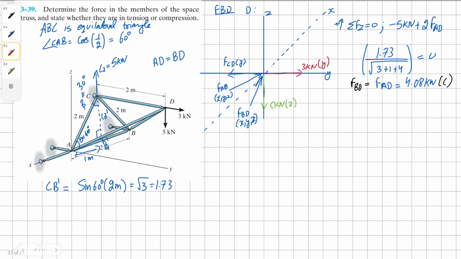Now we can sum the forces in the y direction and get our solution for force CD. We're going to have negative force CD, positive 3 kilonewton, and then we're going to have positive 2 times either of the forces, AD or BD, times their y component, which is 2 divided by square root of 3 plus 1 plus 4, which is just square root of 8.